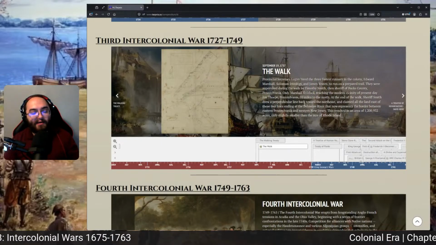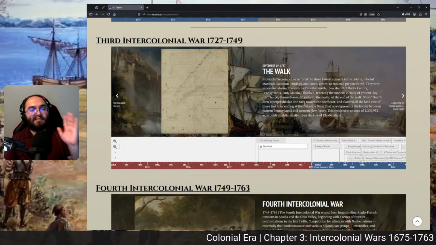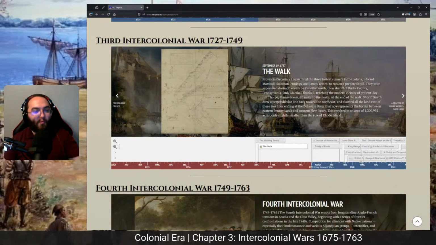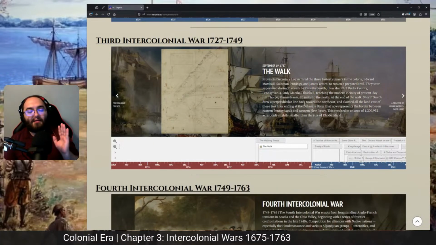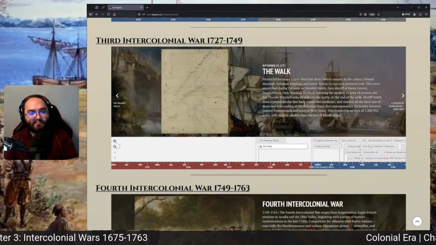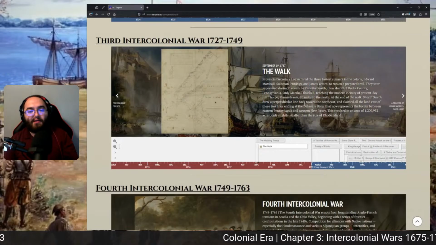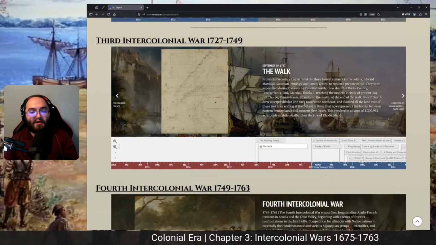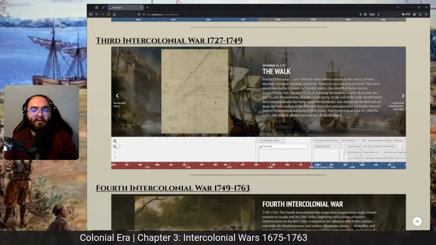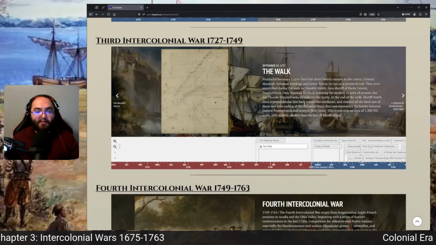So they cleared it out. They made it as straight as possible, so it's easier to walk the distance and be able to make that distance in that time frame. And so the Pennsylvanians, they hire fast runners in the colony. They say the walk, but it was actually running.